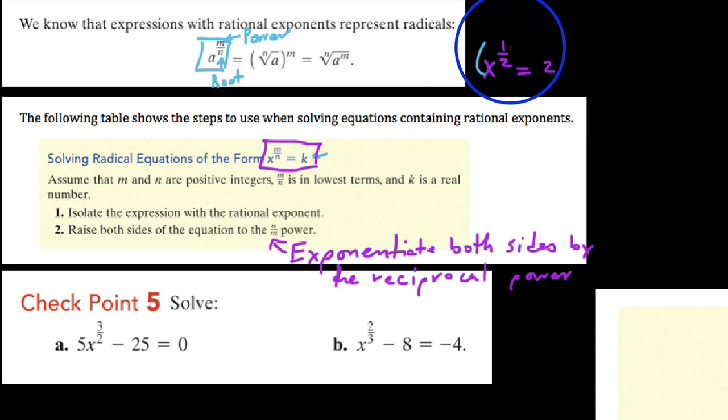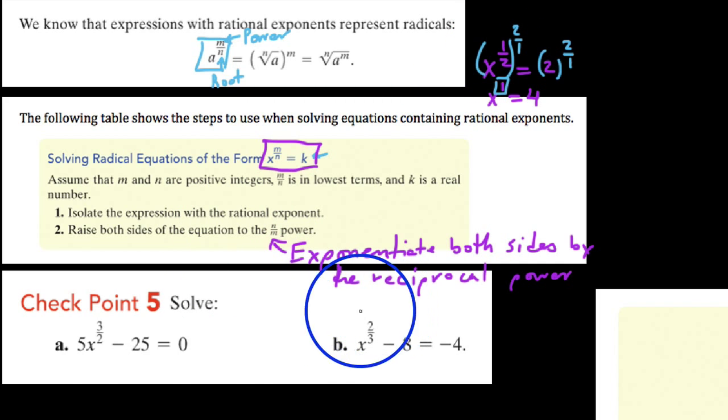If I were to take both sides here and raise both sides to the 2 over 1 power, what you'll see is that when you take a power to a power, you multiply your exponents, and it's very true that anything times its reciprocal is always just 1. So if our goal here is to isolate this base, we want to get an exponent of 1 on it, and so we're just going to raise both sides to the reciprocal power.